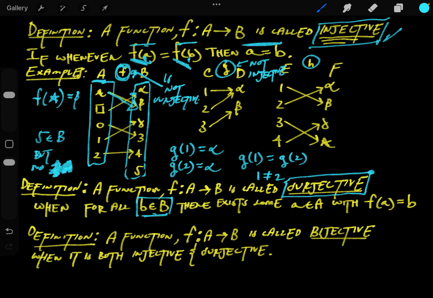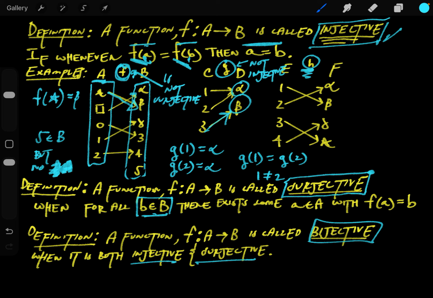But we should see that g is surjective, because for any of these elements, we can find some element that gets mapped to it. And h as well is also surjective, and h is our perfect example for our next definition. A function is called bijective if it's both injective and surjective.